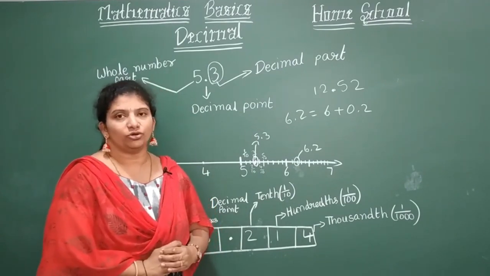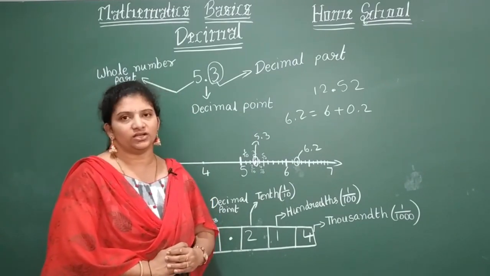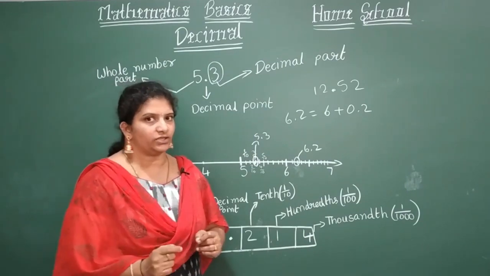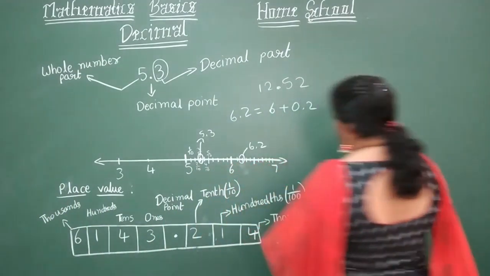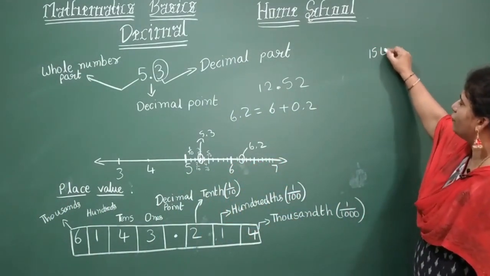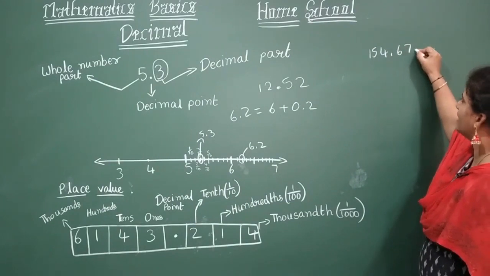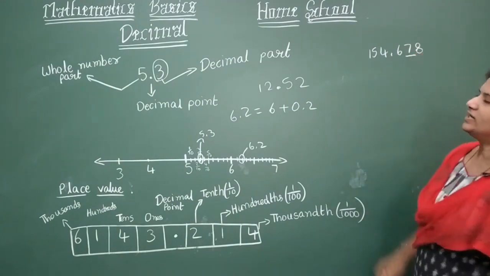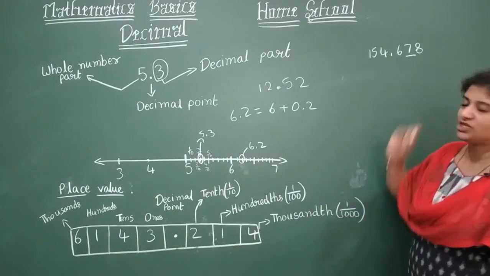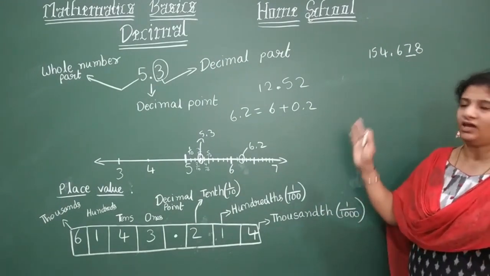Okay, now we are going to observe the place value, children. Please observe the place value and then try to tell me the answer. So look here carefully. 154.678. Okay, what is the place value of 7? Place value of 7, children. Observe here again carefully.